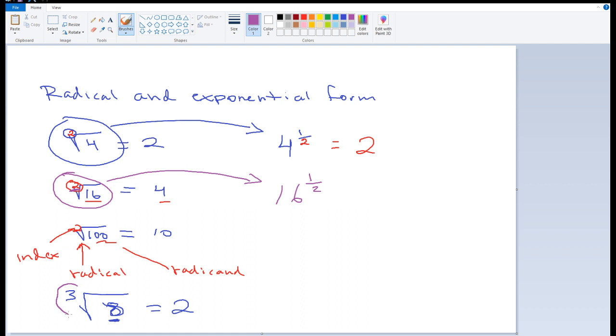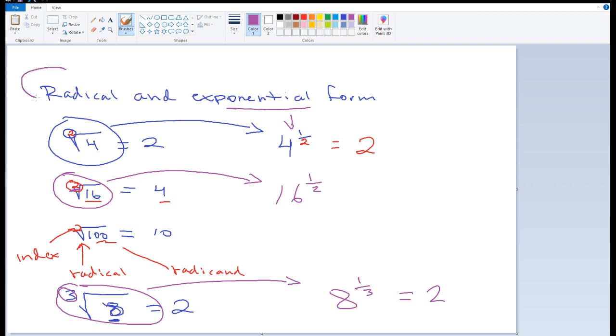If I take this, for example, the cube root of 8, and write it in exponential form, it would be 8 to the 1 over this number, 8 to the 1/3. And of course, if I plug this into the calculator, I get 2. All right, so all this right here, we call that the exponential form, and the left side, we call this the radical form.